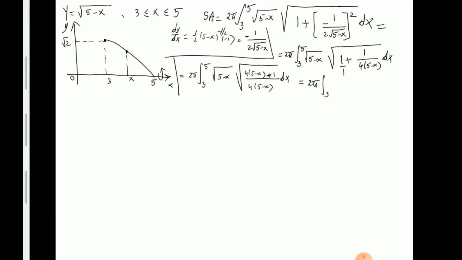And let's distribute this big radical to the numerator. Let's expand that inside, so it's going to be 20 minus 4x plus 1. And now if you take the radical on the bottom, that's going to be 2 square root of 5 minus x, dx. And so notice that the square root of 5 minus x cancels, and the 1 over 2 with the 2 from the outside.